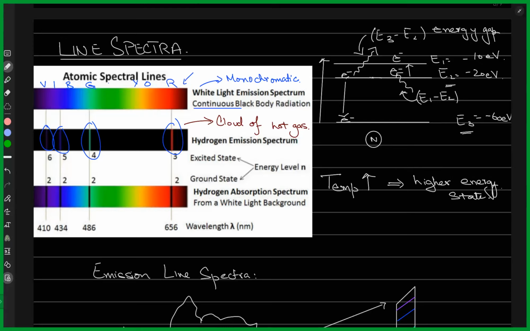They do that by emitting the photon that had the same energy which it initially absorbed to go to the higher energy state, because that energy is the difference between the two energy levels, which does not change. The energy levels do not change.